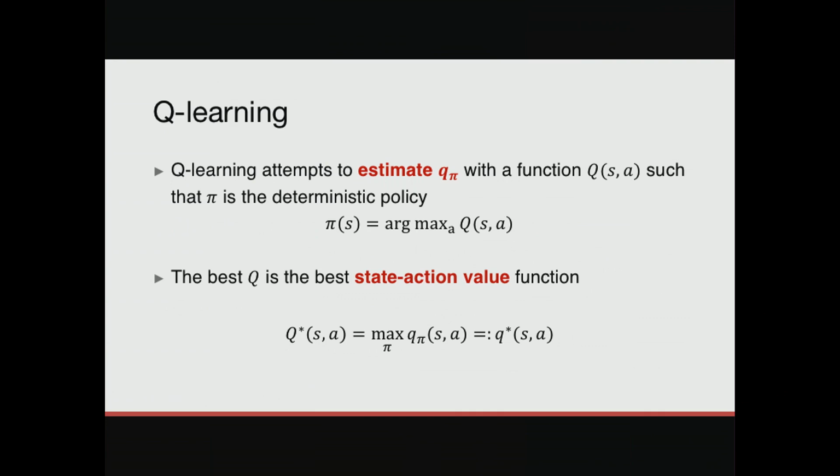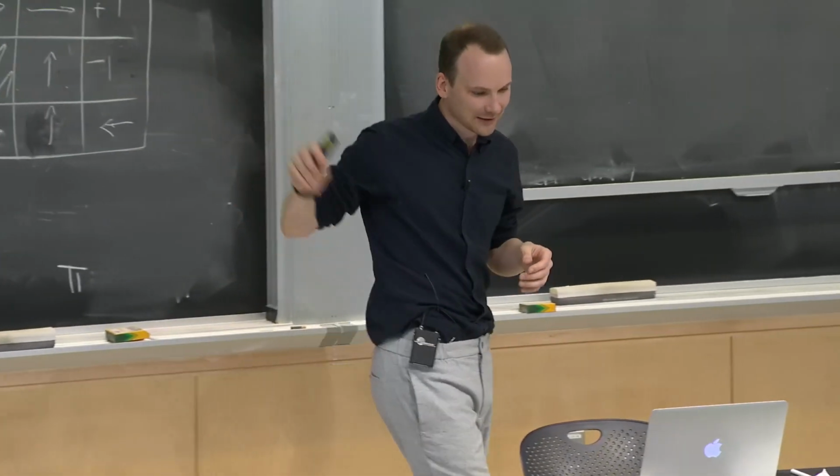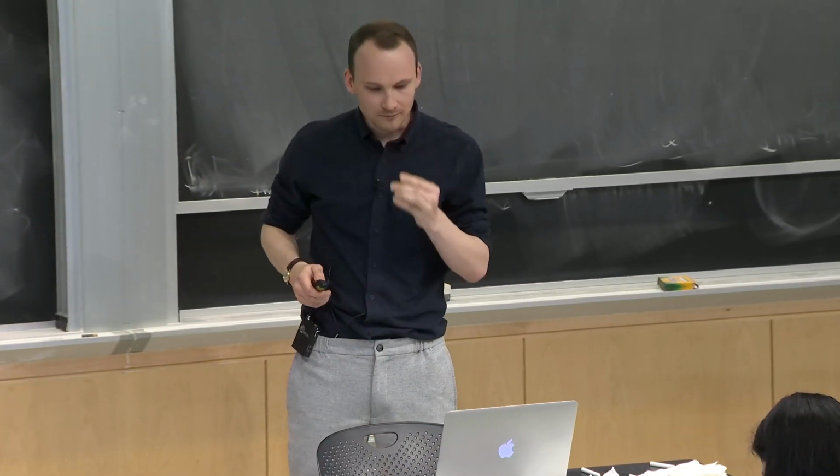That is not what we call Q star. That's what we call little q star. Q star, the best estimate of this, is obviously the thing itself. So if you can find a good function that assigns a value to a state action pair, the best such function you can get is the one that is equal to little q star. Hope that wasn't too confusing. I'll show on the next slide why that might be reasonable.